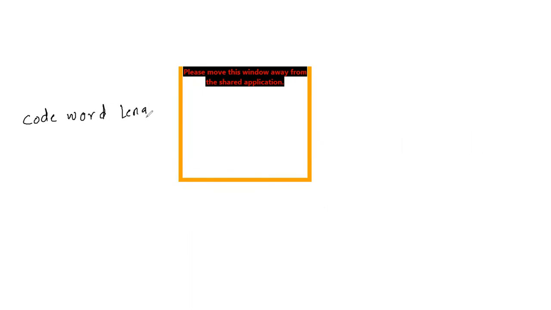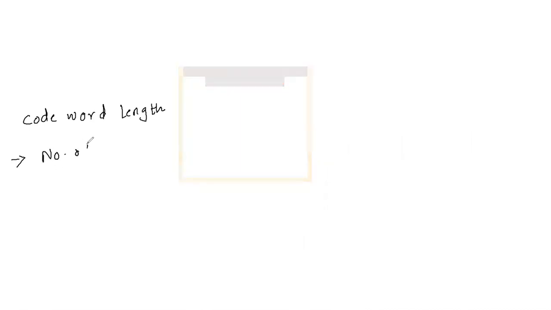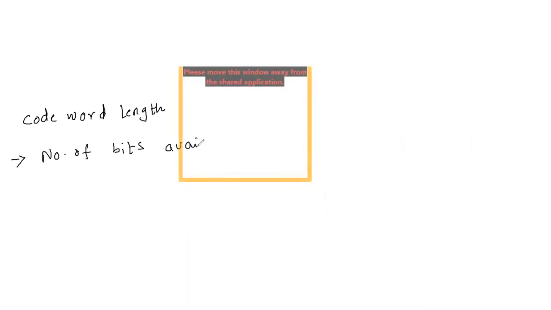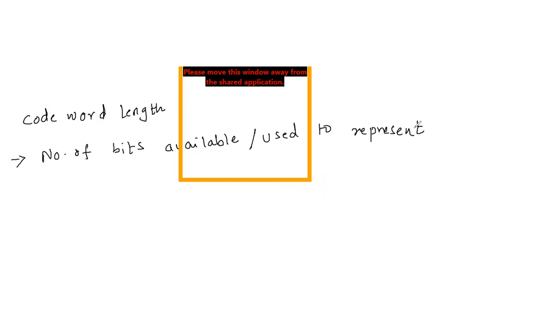Code word length, similar to block size, is the number of bits available or used to represent each code word.